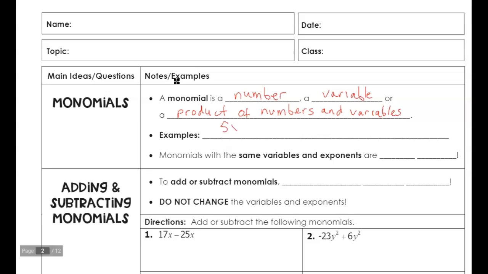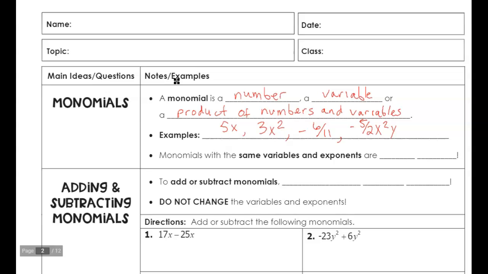Examples: 5x, 3x squared. We can even put some negatives in there. It could just be a single number, like -6/11. You could have negatives here in front, like what we had up there. A lot of different options.